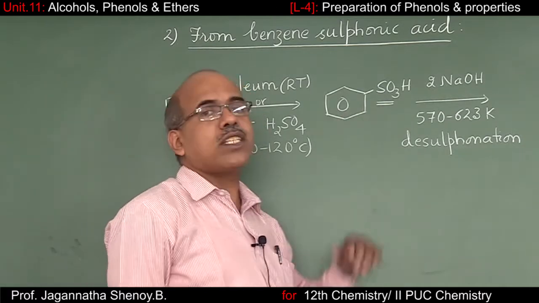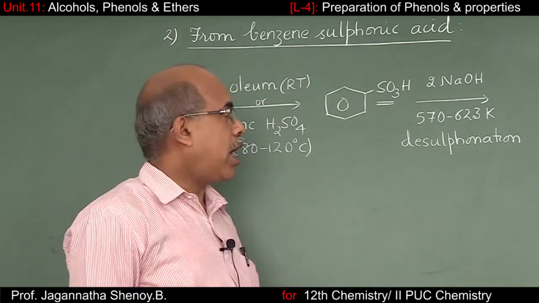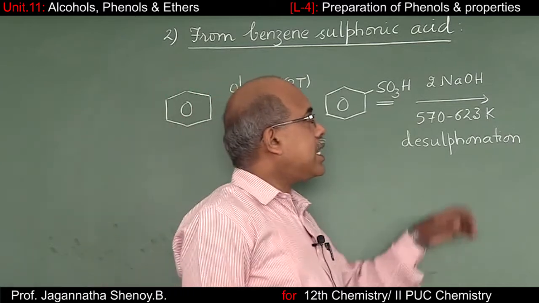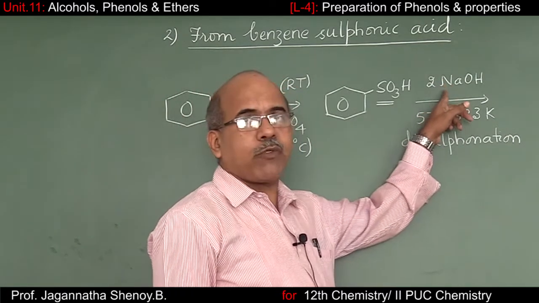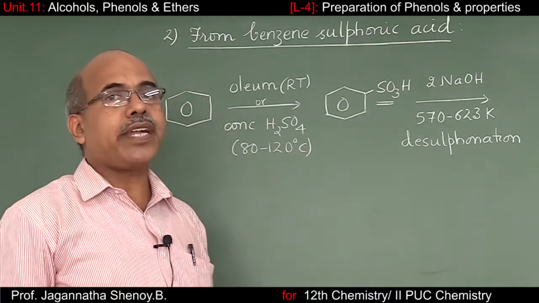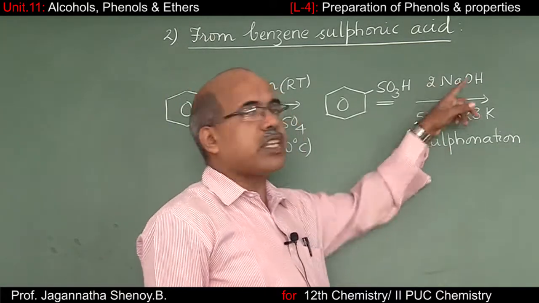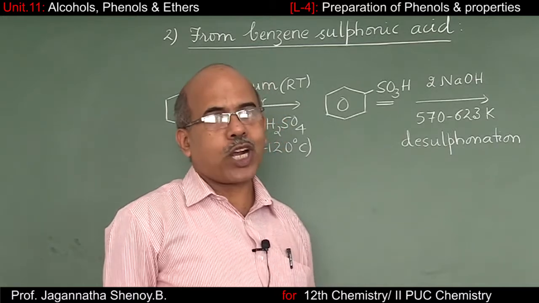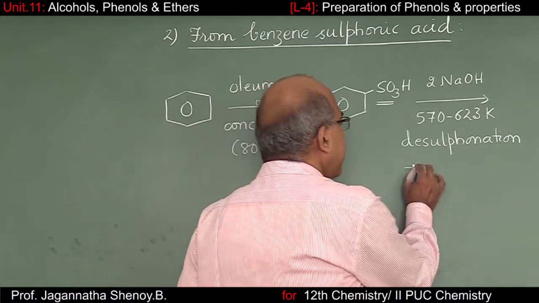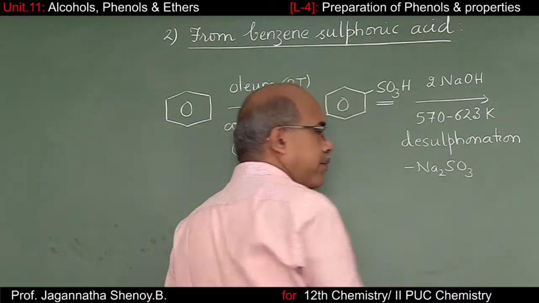Once SO2 is removed, you know, SO2 is an acidic gas. This acidic substance will react with the base sodium hydroxide. It has to give you salt and water. Whenever SO2 reacts with NaOH, what are the products formed? Sodium sulfite will be formed, Na2SO3.